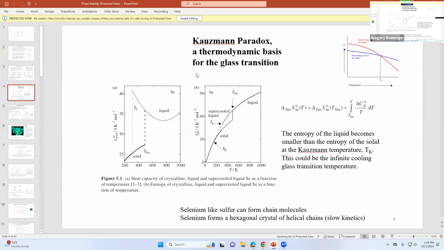If you have the solid, this is an entropy curve, but it could be free energy. You can cool down and have a point where you're at a lower free energy for the liquid than for the solid. The free energy is the negative of the entropy. So the thing with the higher entropy has a lower free energy at a given temperature.